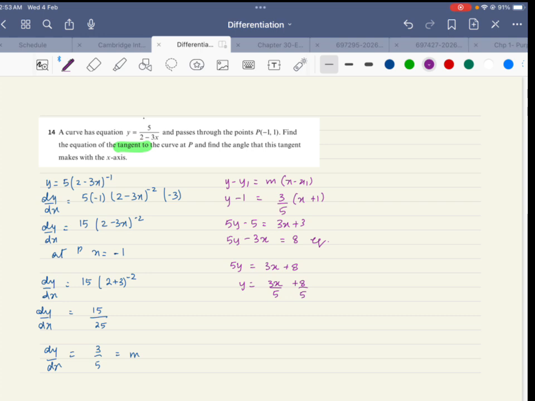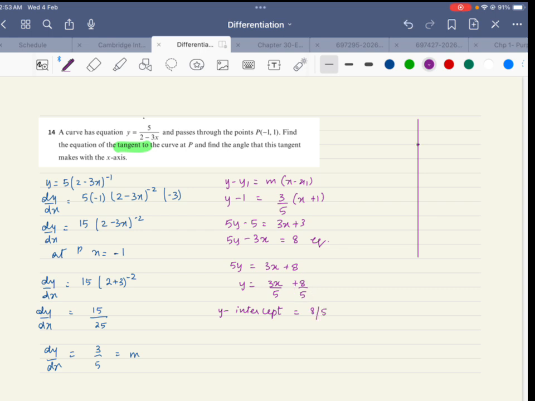Now how do we find the angle that it's making with the x-axis? Let's draw this. First we find the y-intercept. The intercept is the point at which any line cuts the y-axis or the x-axis. So the y-intercept here is 8 upon 5.